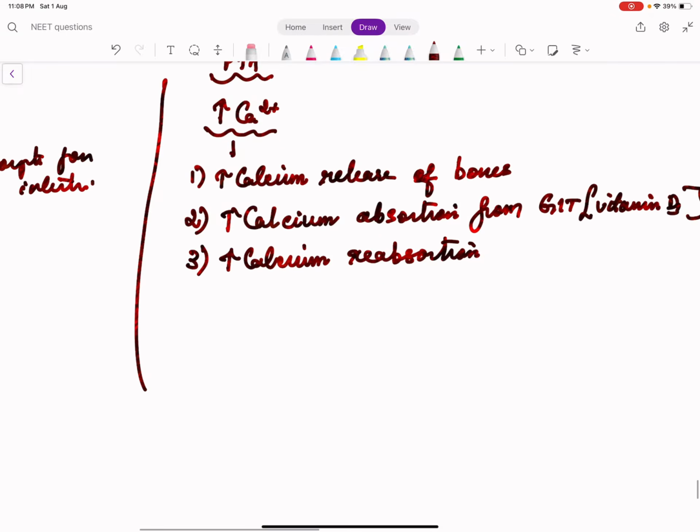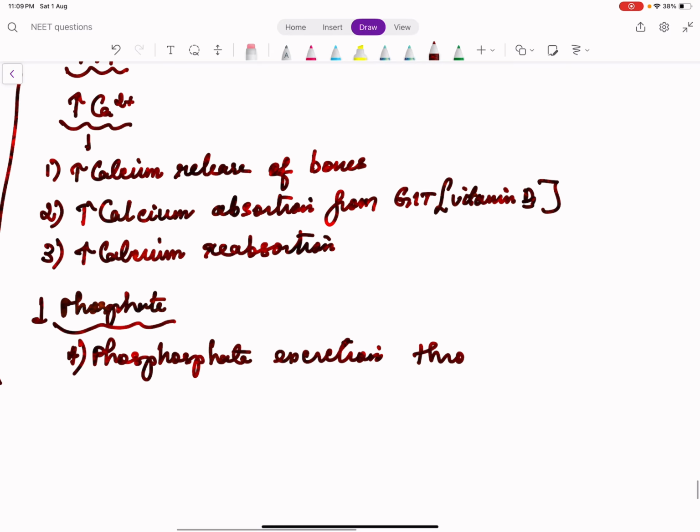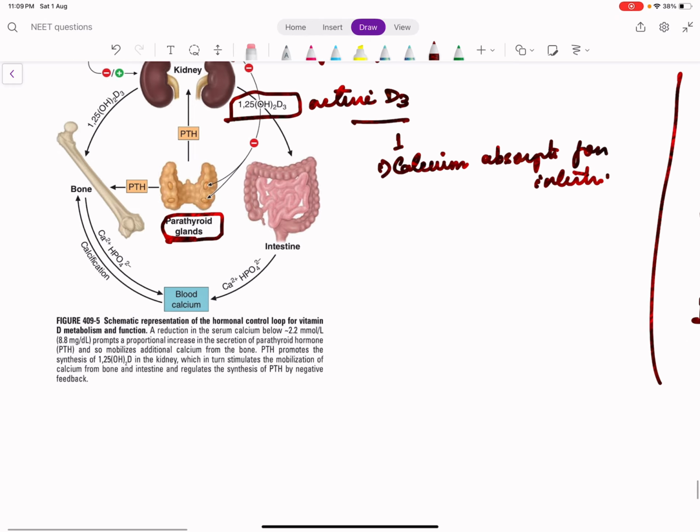We also have some action on phosphate. PTH reduces phosphate level. So it causes phosphate excretion through the distal convoluted tubules. Calcium absorption is by the proximal convoluted tubule.